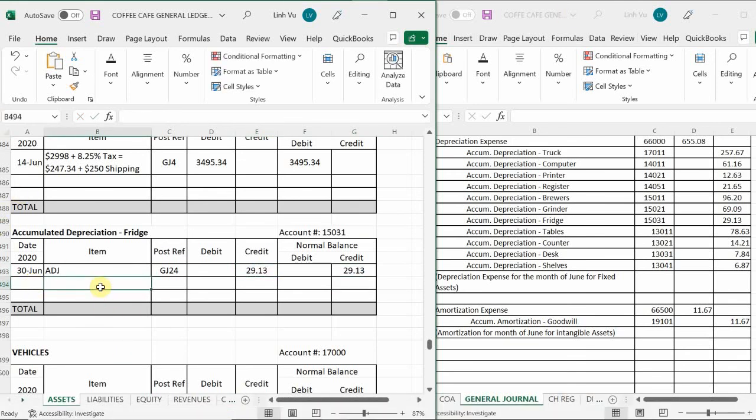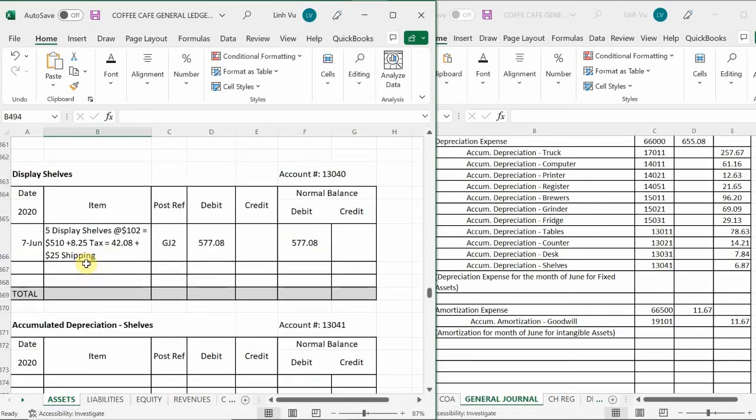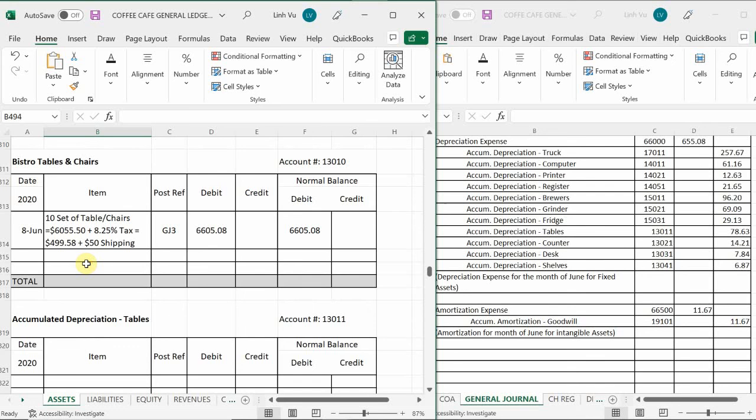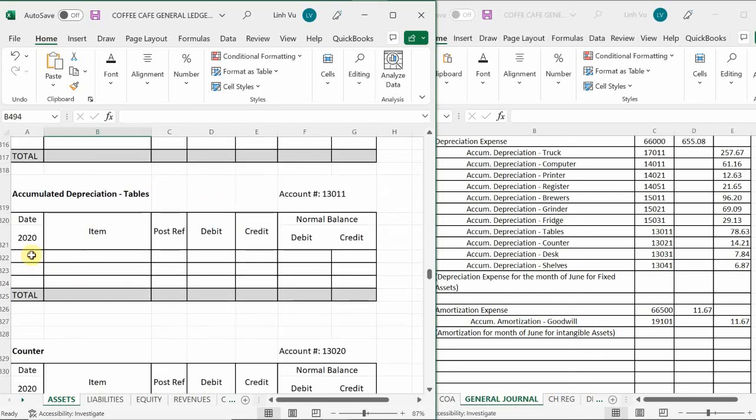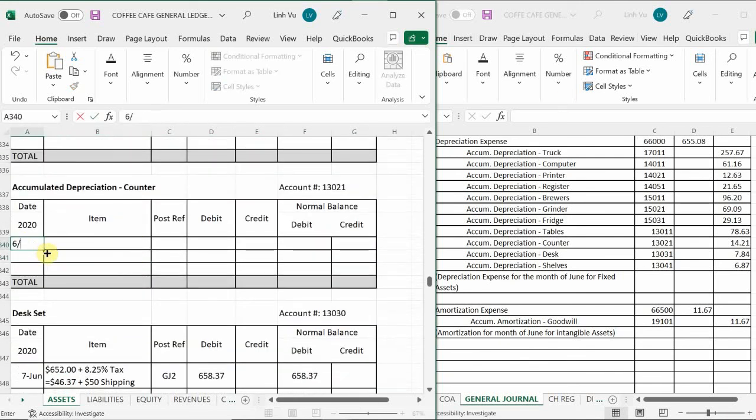Then what's after the refrigerator? Go back up to the furniture. Here you go. Tables and chairs. 630 adjustment, page 24, and it is 78.63. Your counter, adjustment, page 24, credit of 14.21.